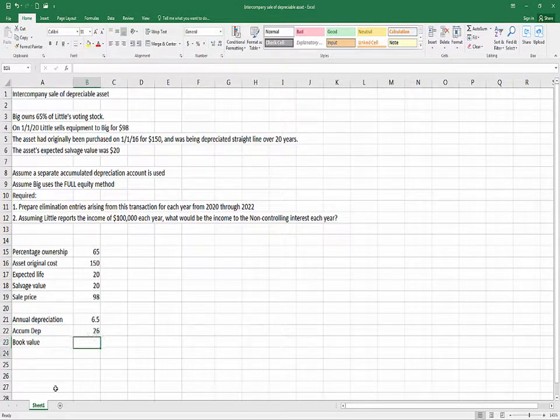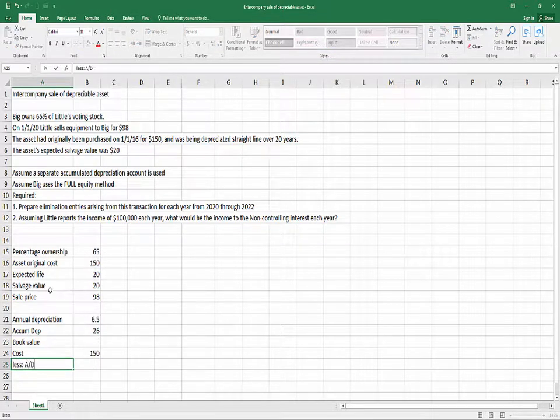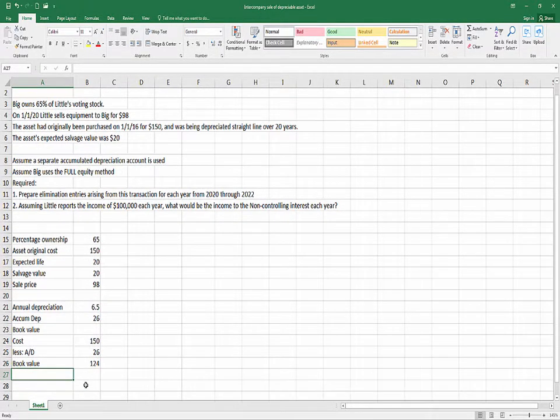So the book value, again, book value is cost less accumulated depreciation. Cost is $150. Accumulated depreciation, we just figured that out. For a book value, cost minus accumulated depreciation. Okay, so there's our book value.